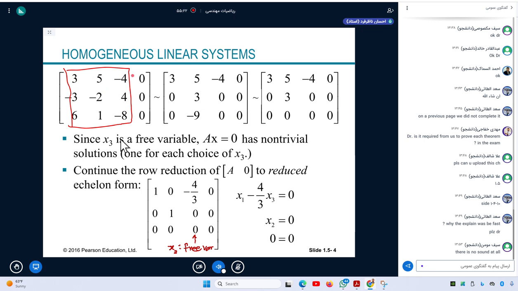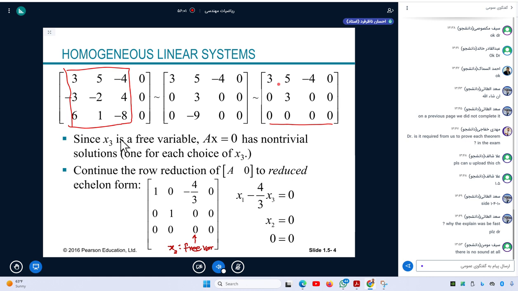Again, after adding the first row to the second row and multiplying the first row by minus 2 and adding it to the third row, we would be left with this matrix, and then you can do some more row operations, and at the end we would have this one. The last row means 0, 0, 0, 0. This means 0 equals 0, so the system is consistent.